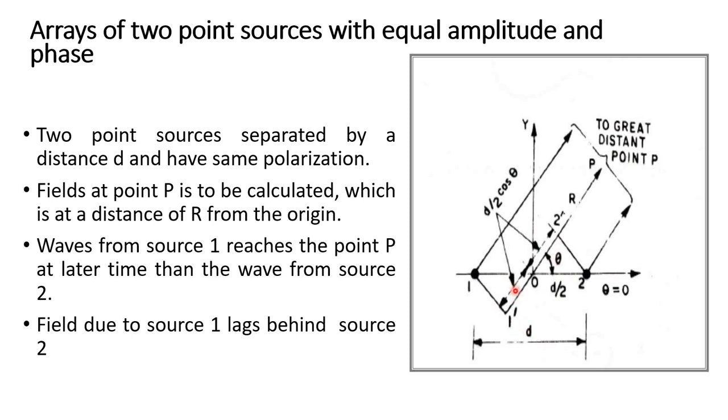So in this we have 1 dash 2 dash as the path difference, and O2 is d by 2 since O is the midpoint, and similarly O1 is also d by 2. In triangle O2 2 dash we have O2 dash as d by 2 cos theta, similarly O1 dash as d by 2 cos theta. Therefore total this path difference 1 dash 2 dash is equal to d by 2 cos theta plus d by 2 cos theta.